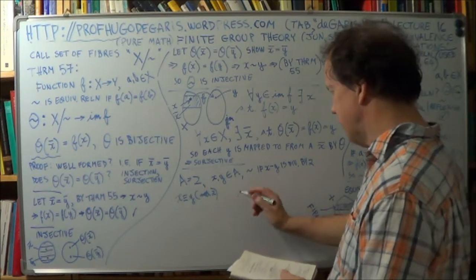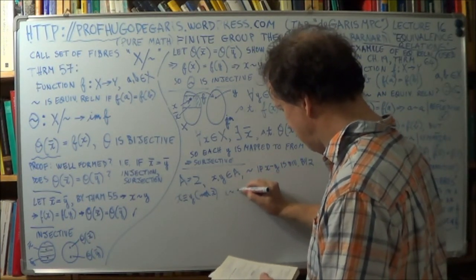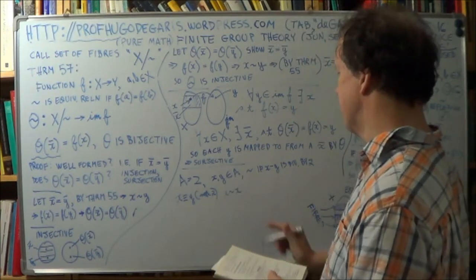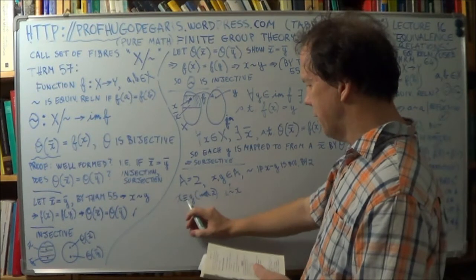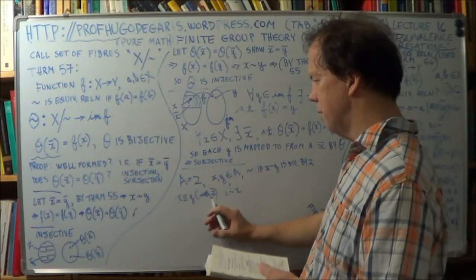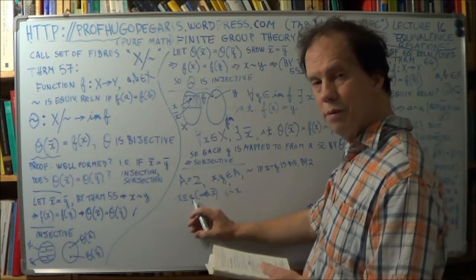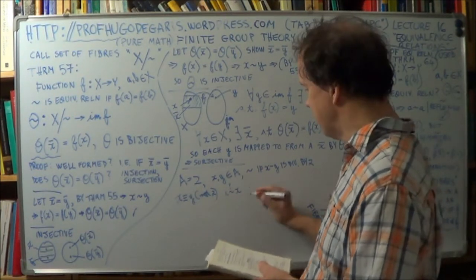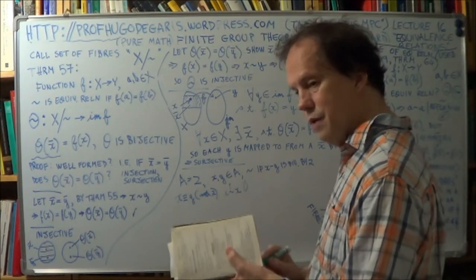All right, so let's show it now. Is x congruent to x mod 2? Does 2 divide x minus x, which is 0? Yes, it does. So that's okay. So it is reflexive.